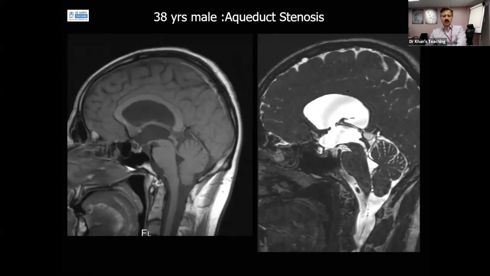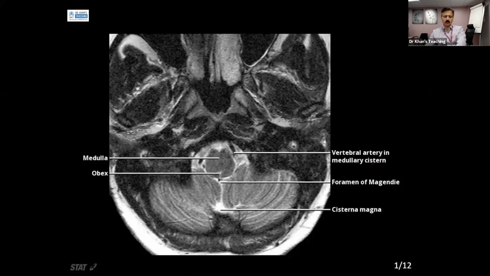So this is a case of hydrocephalus because of aqueduct stenosis, and you can see that there is a pineal cyst here, and there are some adhesions in the aqueduct, and you can see that this is the infundibular recess and how it is dilated, and you can see the upward bowing of corpus callosum also.